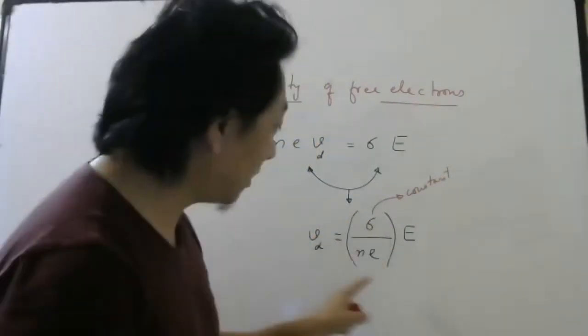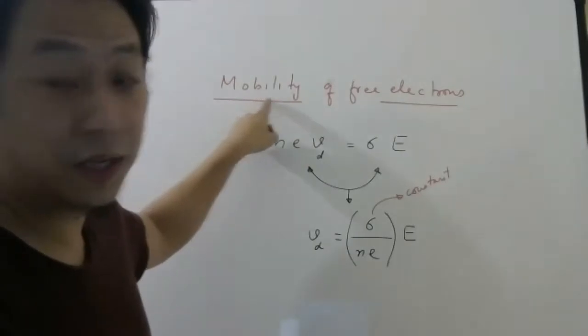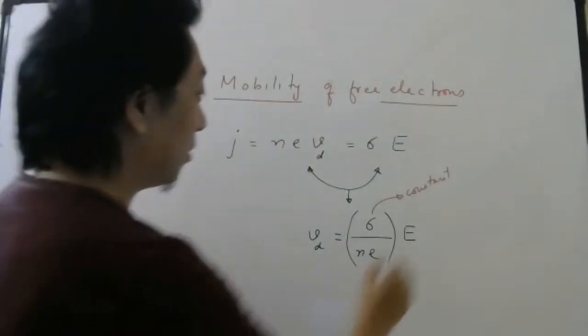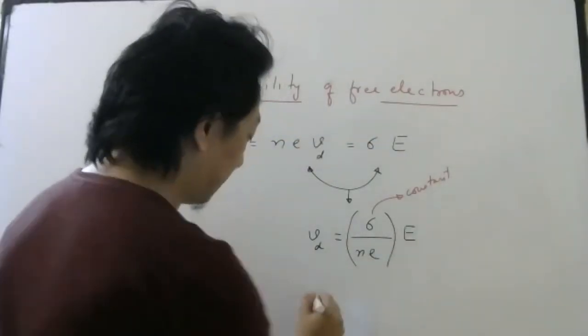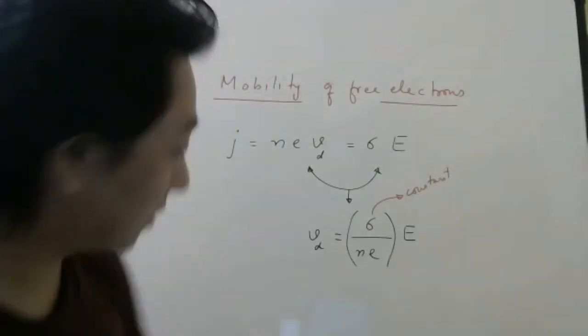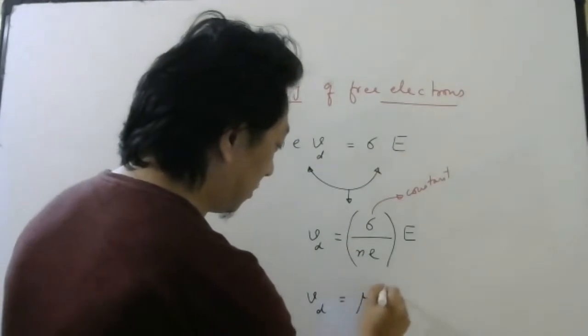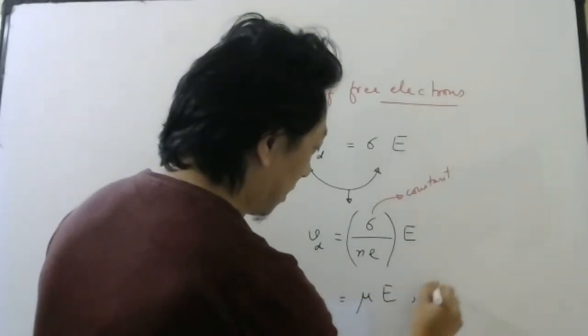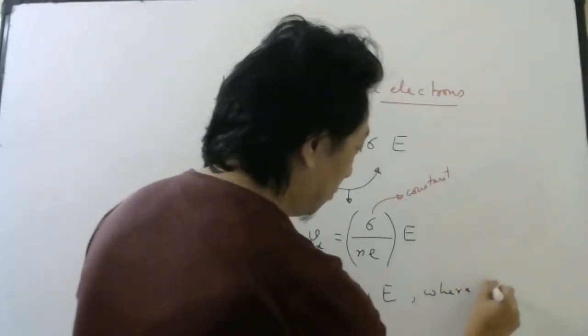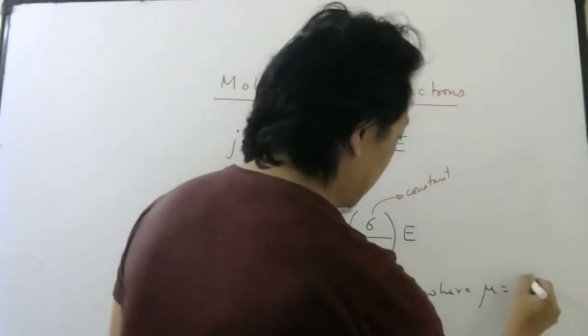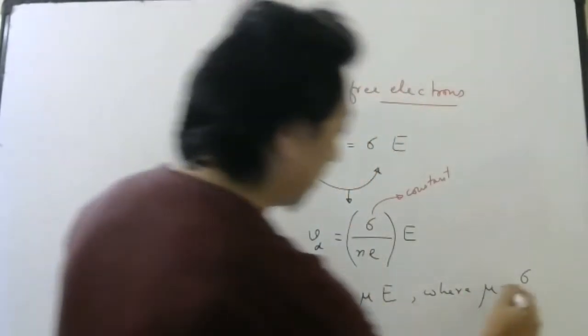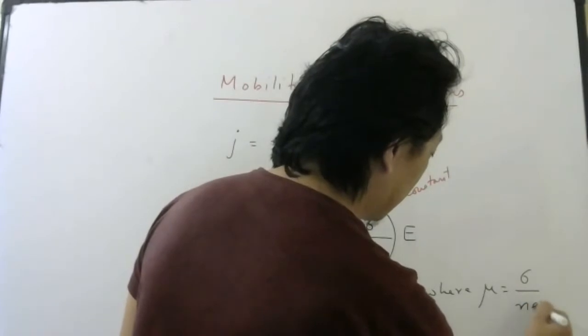So that quantity is what we call mobility of free electrons. We write the symbol mu. So we will write this formula, drift velocity equals to mu into E, where mu should be sigma by Ne.